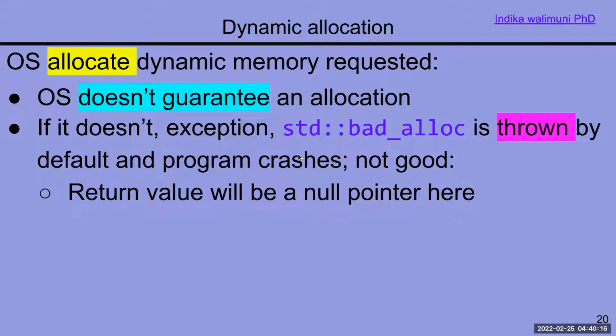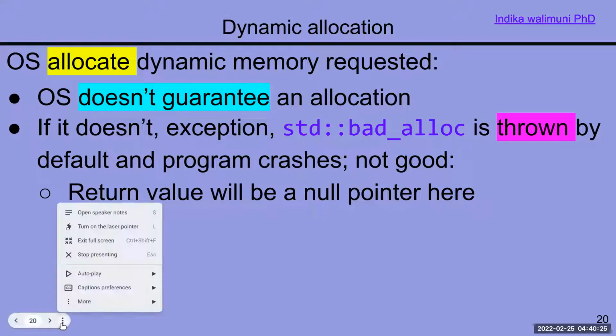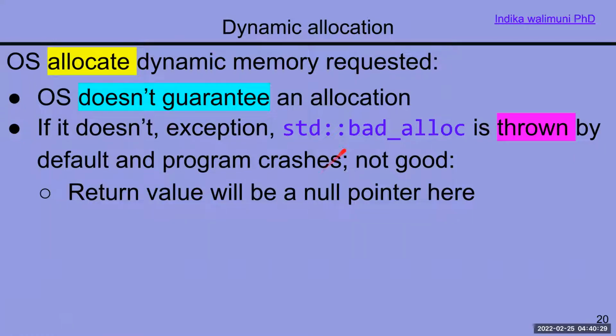So there are two ways C++ provides. One is that we can handle this exception explicitly inside the program and prevent the crash. If we don't, it's going to crash.